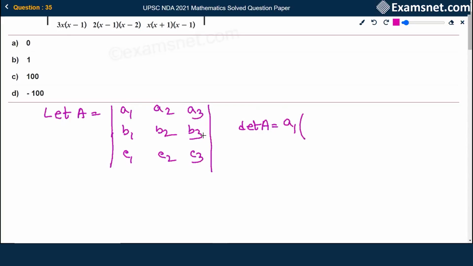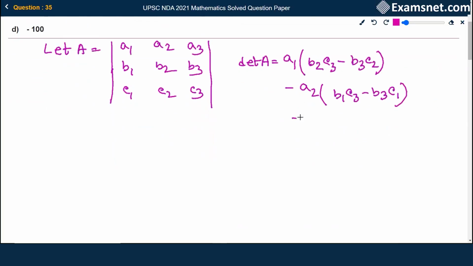So we are left with this portion. Now do the cross multiplication, B2C3 minus B3C2. After that, minus A2 times B1C3 minus B3C1. Okay, and next plus A3 times B1C2 minus B2C1. So this is the expression for finding the value of determinant A.